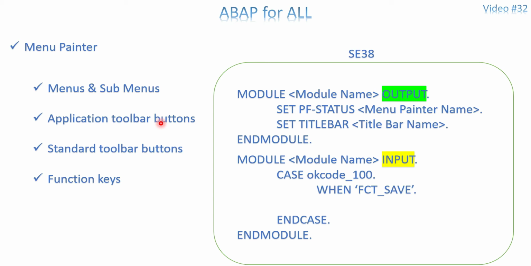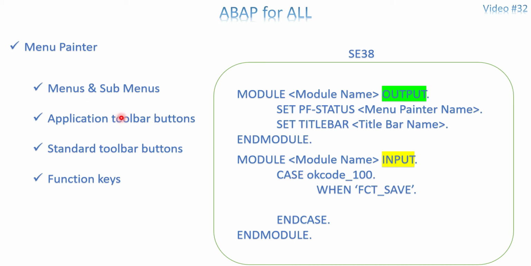There is no input component in your menus. Everything is an action menu only, action buttons only. So you're not going to write much in PBO for menu painter actions, but mostly you are going to use the PAI module. Whatever module you declare in your screen, you are able to use it for your menus.